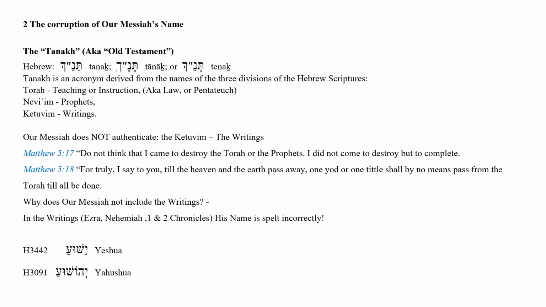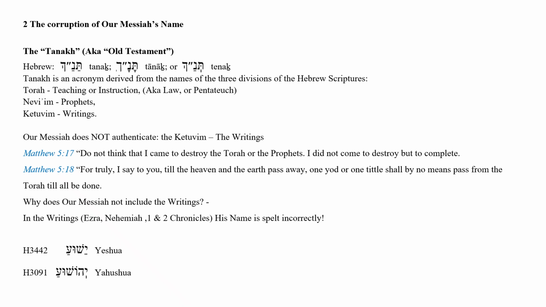Tanakh is an acronym derived from the names of the three divisions of the Hebrew Scripture: Torah, teaching or instruction; Nevi'im, prophets; Ketuvim, writings. Our Messiah does not authenticate the Ketuvim, the writings. Do not think that I came to destroy the Torah or the prophets.